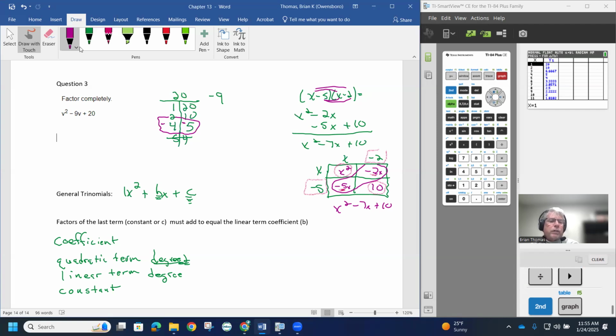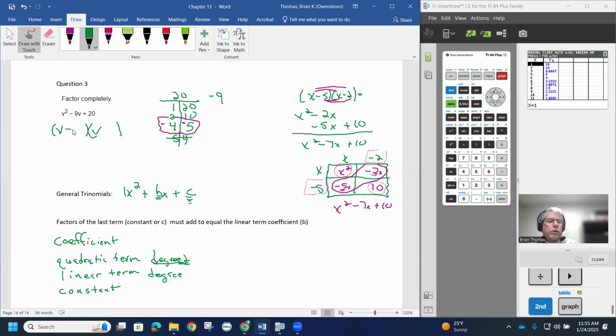So when I factor it, what's easy about this is the quadratic term, the v squared, just takes up the first two positions. So all I got to do is set up two sets of parentheses. The v is going to be here, and the v is going to be here. What goes in these last two positions are the factors of the last term.